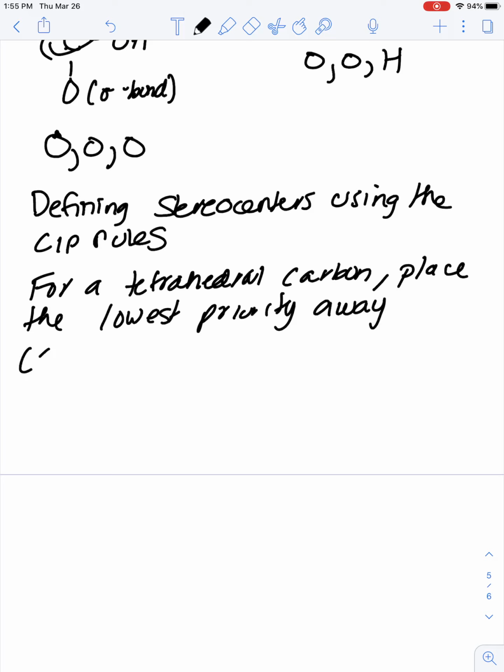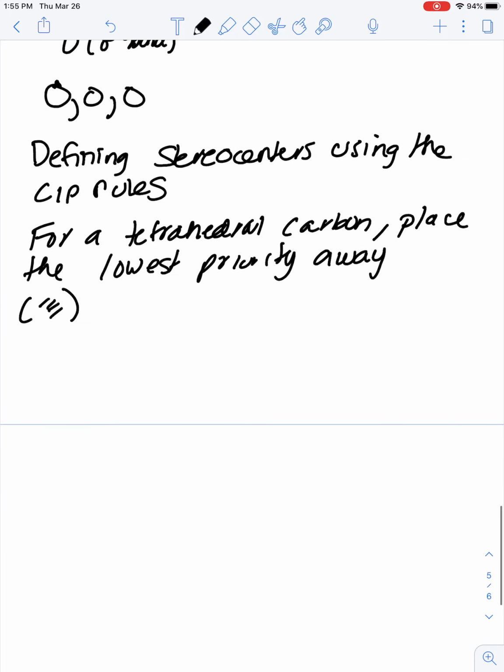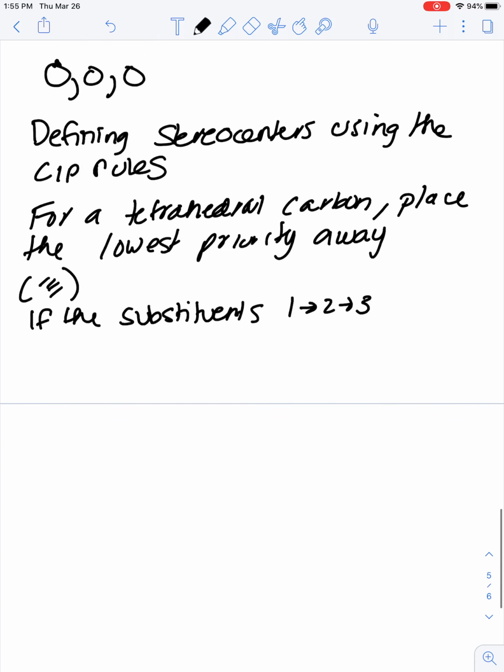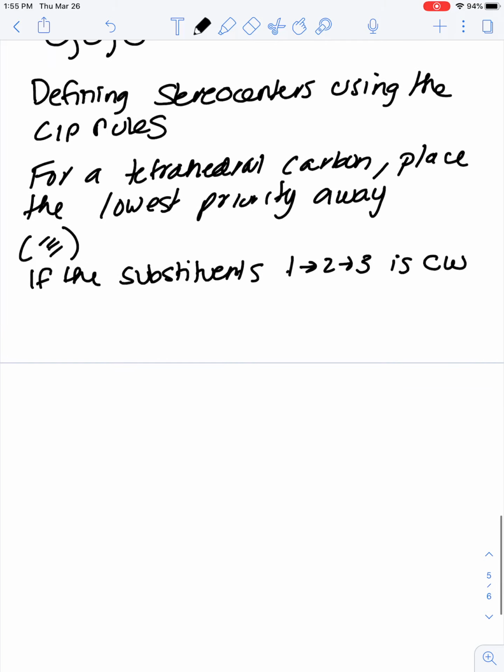Just a quick refresher, away is always going to be the dash, which means it's pointing into the paper or going back. If the substituents, number 1, 2, and 3, 1 being the highest priority and 3 being the lowest priority, go clockwise, and clockwise I'm just going to show as CW, then it's going to be an R configuration.